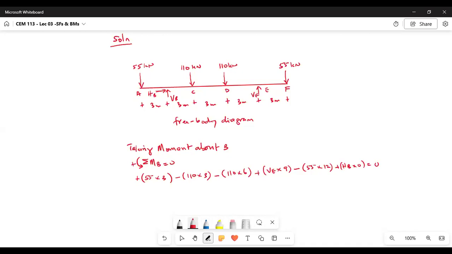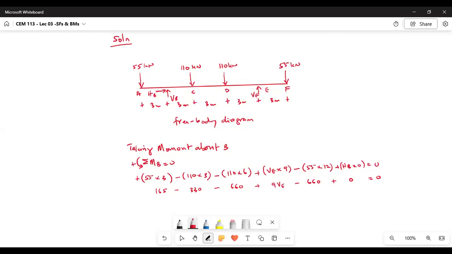55 times 3 will give us 165, minus this will give us 330, minus this will give us 660. This one will give us 9 VE. 55 times 12 will give us 660. This will give us 0. We equate to 0.